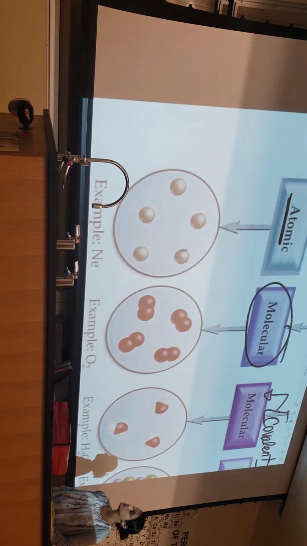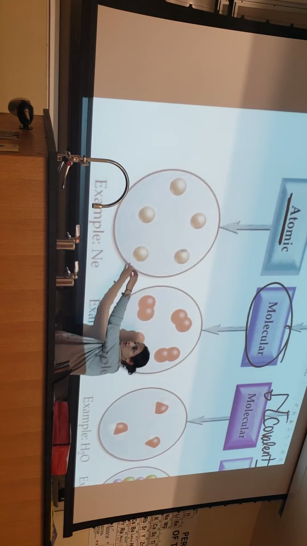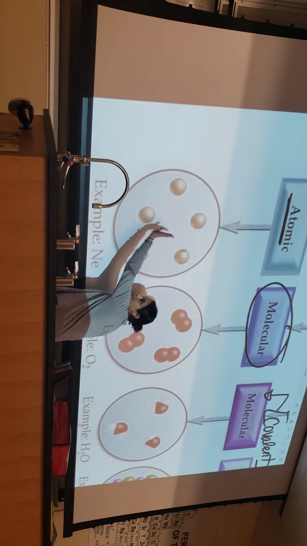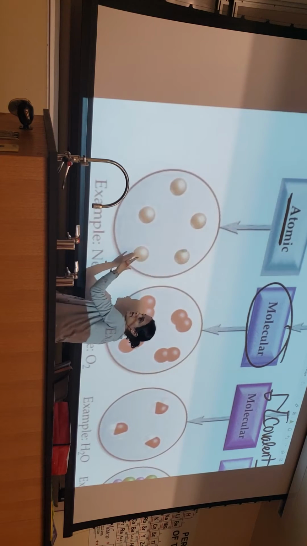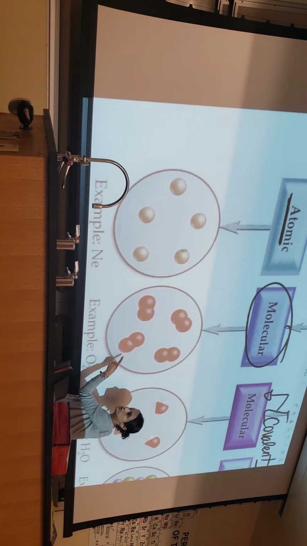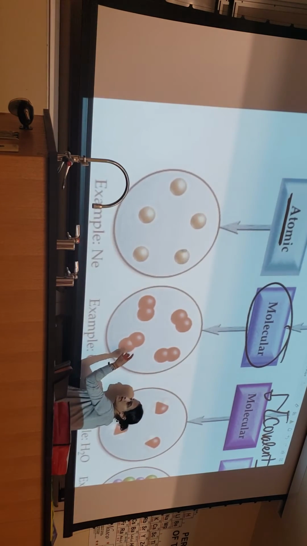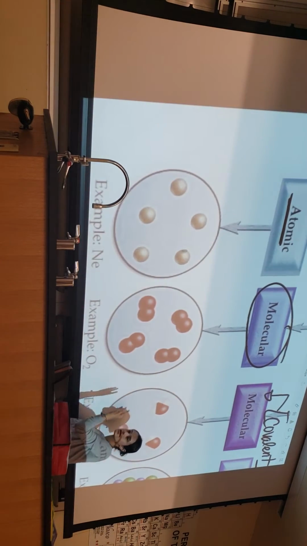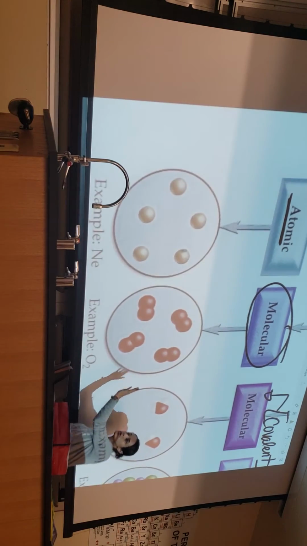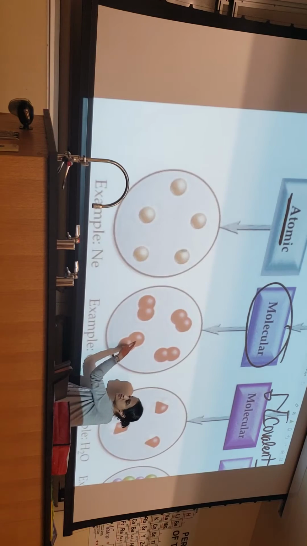If I look at this first one, we're dealing with elements, right? So if it's atomic, we're just dealing with that particular element. And notice it's one atom, right? Now here, what do you notice the difference? It's more than one, but it's the same one. It's more than one, and notice it's fused together. So here, it's behaving like a molecule because there's more than one atom involved. So here, they're fused together.